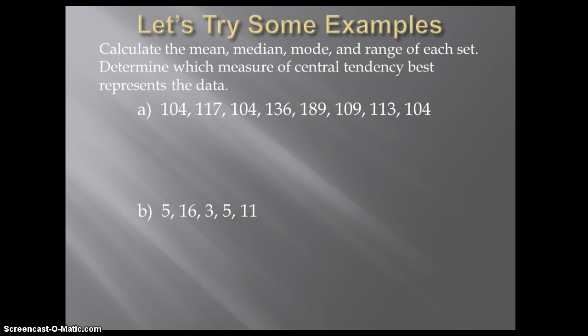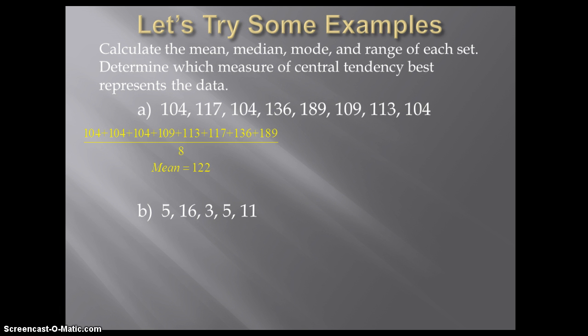So let's look at a couple examples. We're going to calculate the mean, median, mode, and range of each set. And we're also going to determine which measure of central tendency best represents the data. So this first set. To find the mean, we're going to add up all the data points and divide by the total number, which is 8. And we get 122.